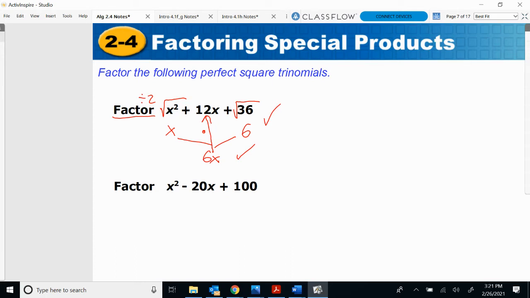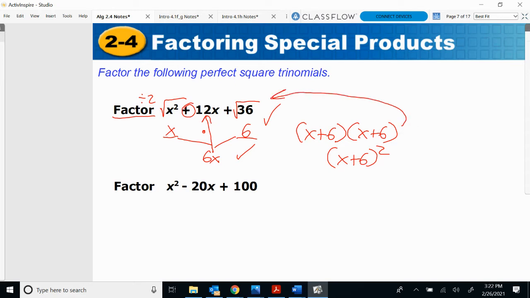All right, so we're going to take our two terms that we came up with right here and whatever sign is there in the middle, and we're going to put it together, and it ended up being x plus 6 times x plus 6, or you could write it as x plus 6 to the power of 2. Okay, so that's what got multiplied together to give us that trinomial that we ended up with. Okay, so there's how we work those backwards.